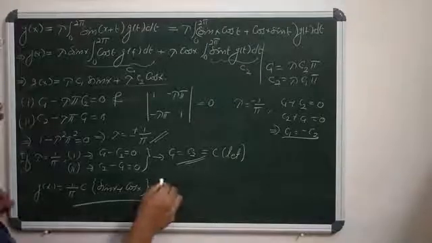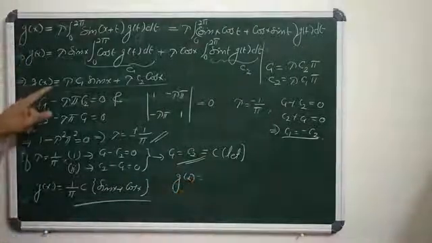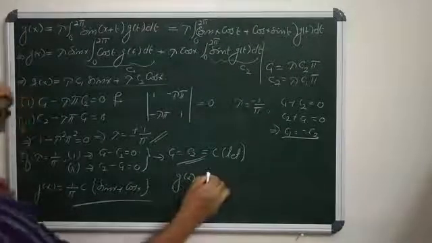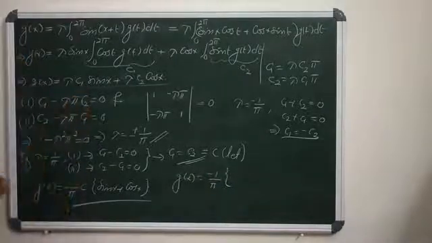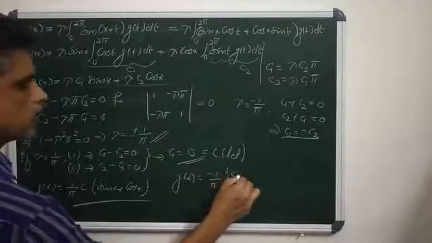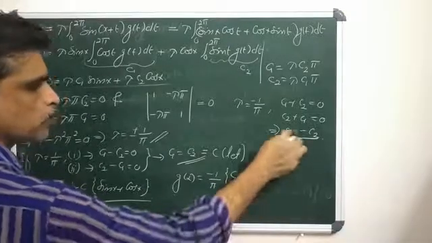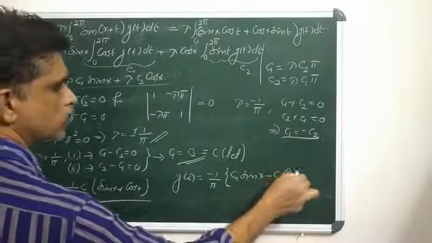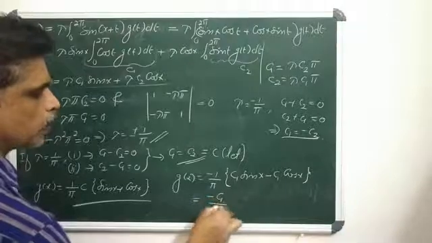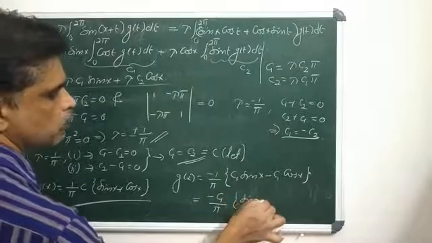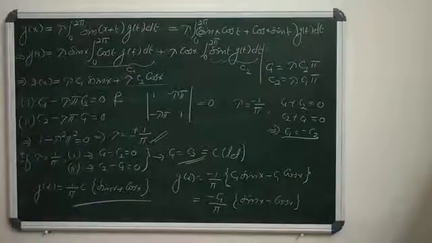So what do I get? Therefore g of x equals lambda, that is minus 1 by pi, into C1 sin x minus C2 cos x. C2 is minus C1, so it is minus C1 by pi into sin x minus cos x, or C1 by pi into cos x minus sin x.